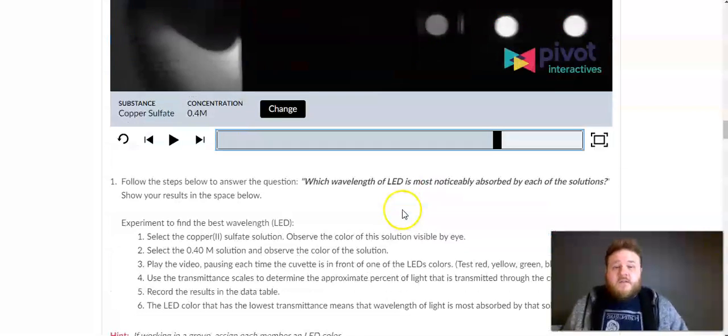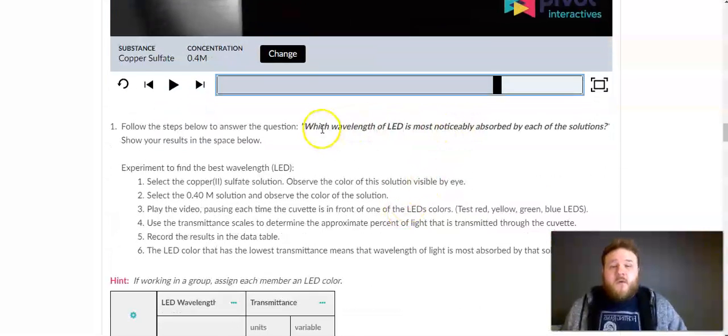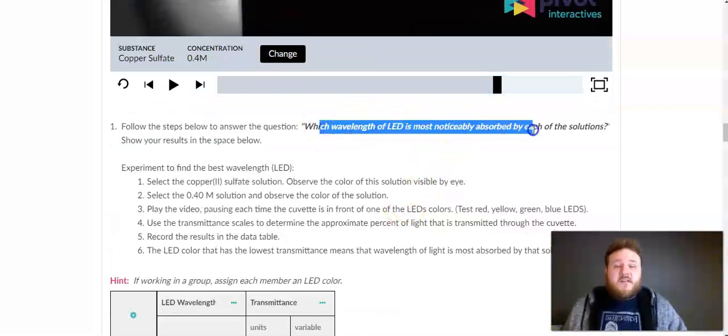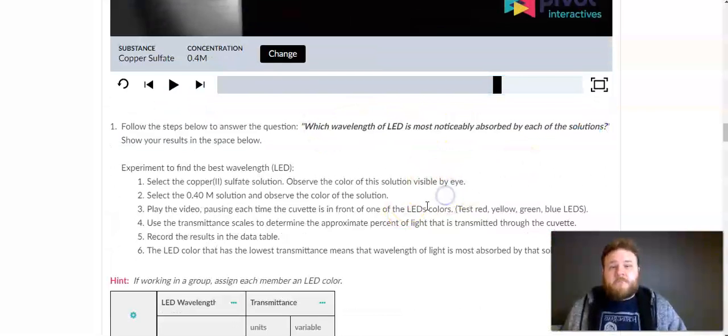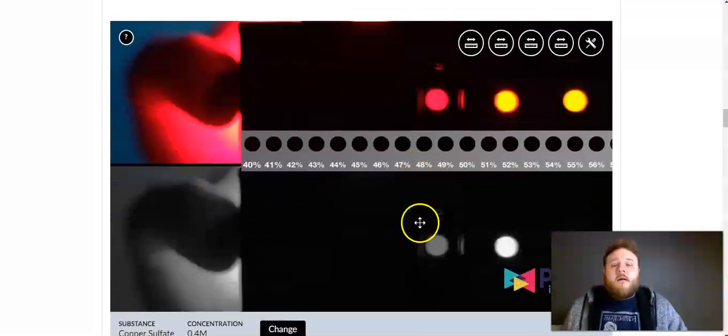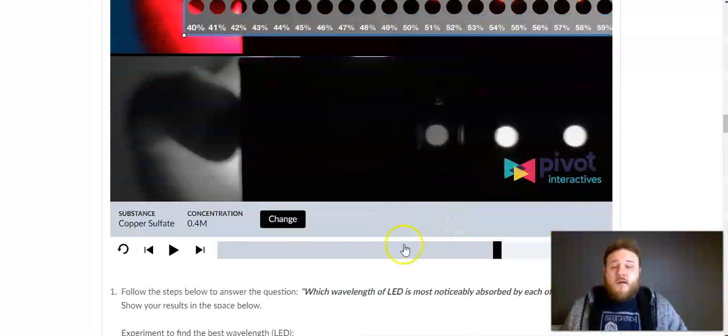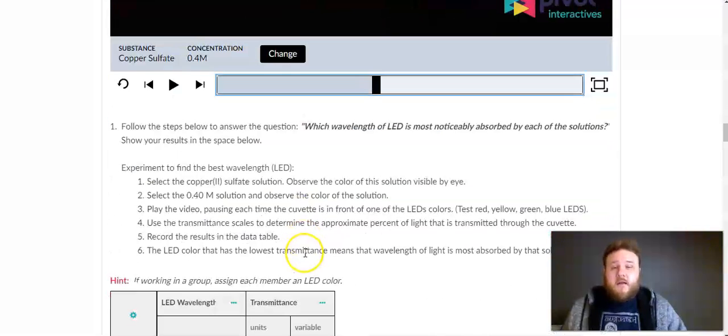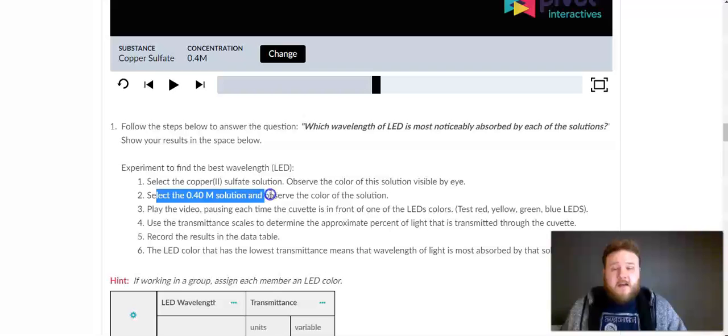Okay. So which wavelength of LED is most noticeably absorbed by each of the solutions? What you want to do, I'm selecting my 0.5 molarity. I'm going to observe the color of that solution.